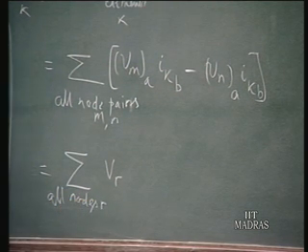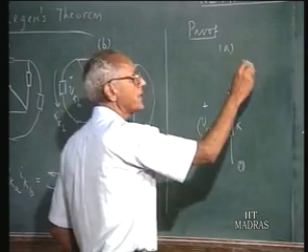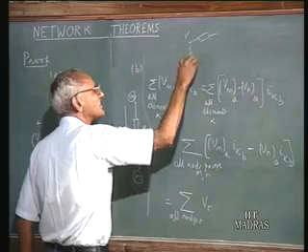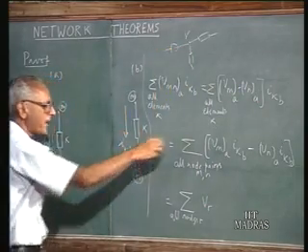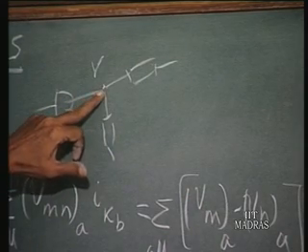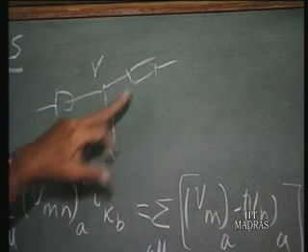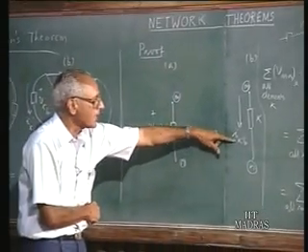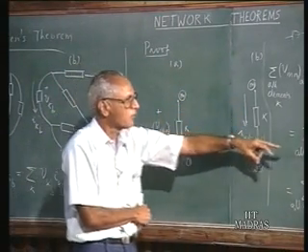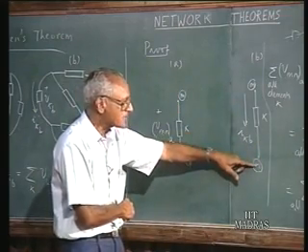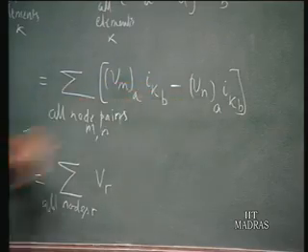Let us take some rth node, and then you have various elements connected here. If you carry this summation over all possible node pairs, this rth node figures whenever there is a current involved in these three elements. And what we have seen is, when the current Ikb leaves the node m, we have given it a positive sign, and when the current enters the node n, we have got a negative sign here.